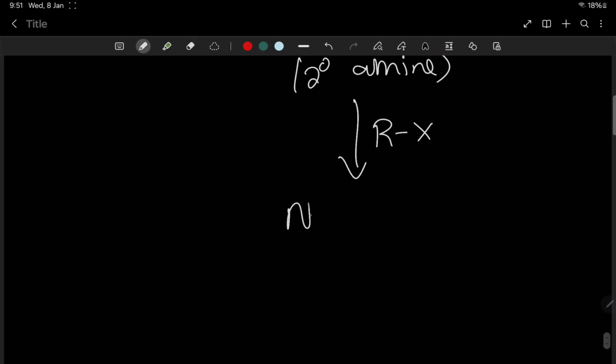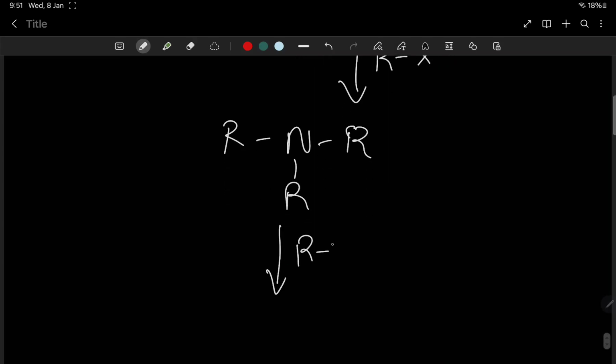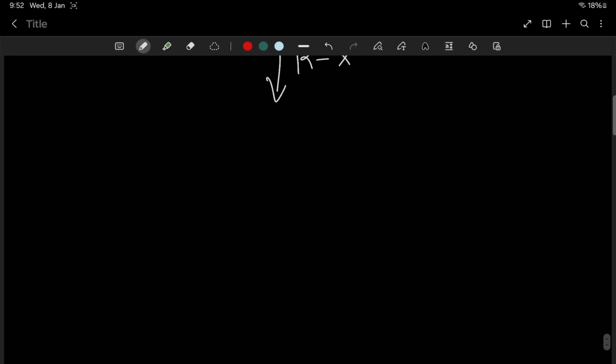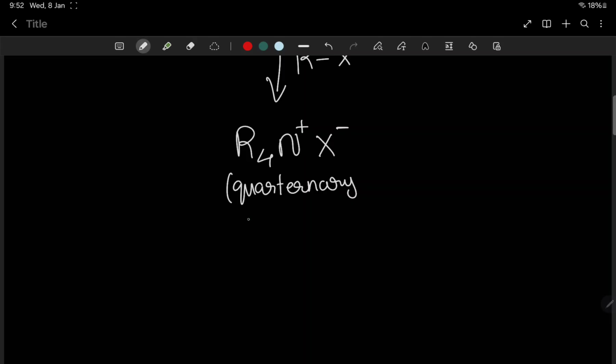We get a tertiary amine. Into this tertiary amine, if I add RX once again, we will get R4N+ X-. This is called quaternary ammonium salt.